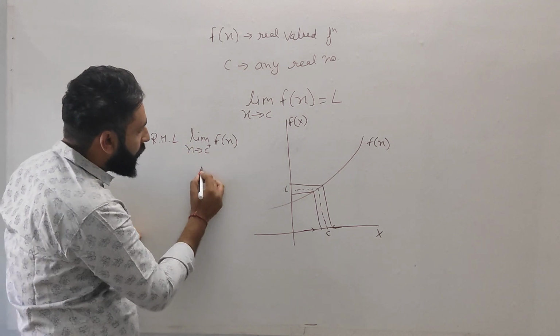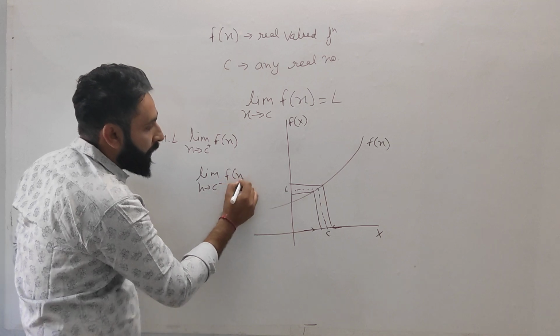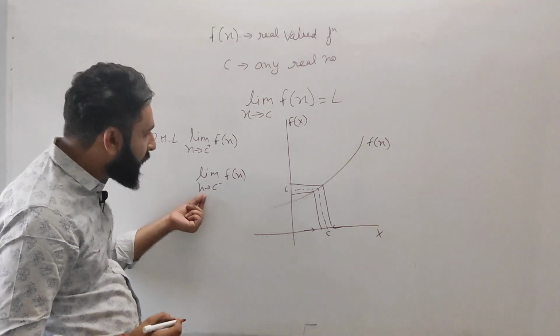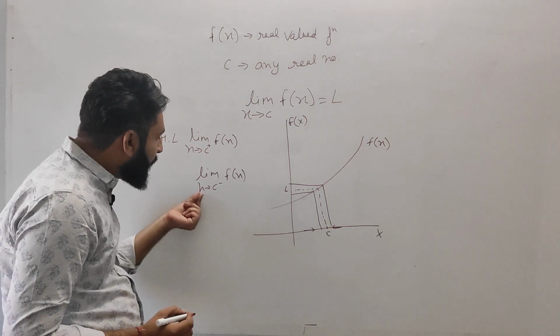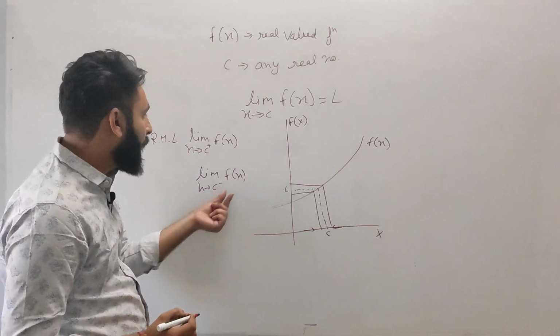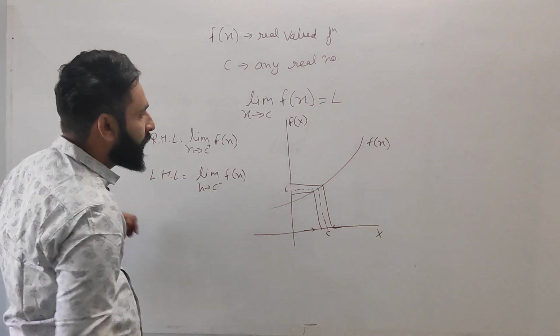When we write limit x tends to c minus of f of x, we approach c from the left side. This is called the left hand limit.